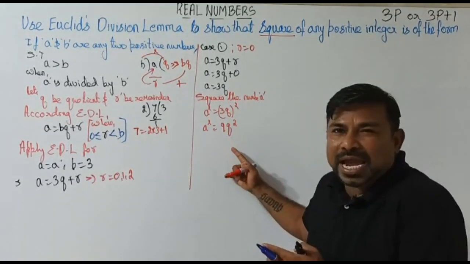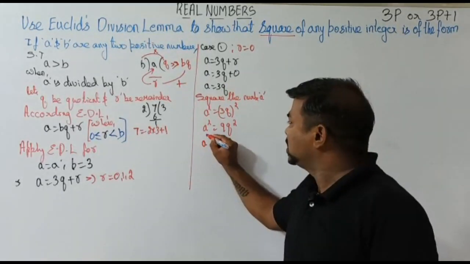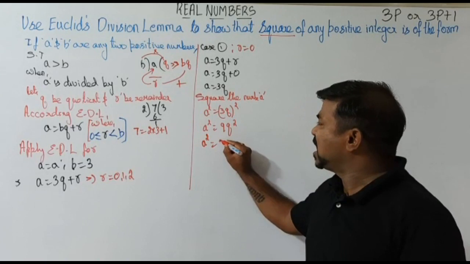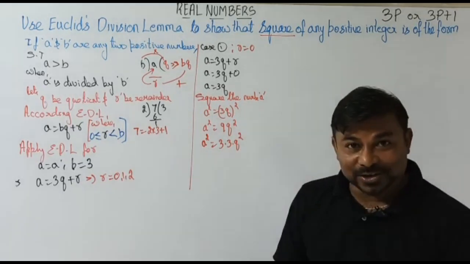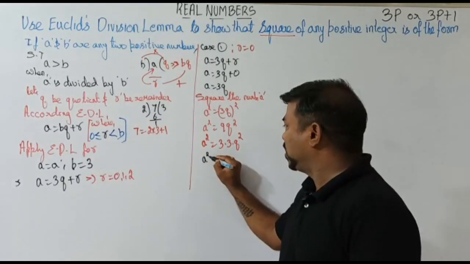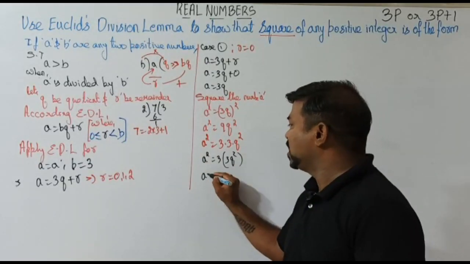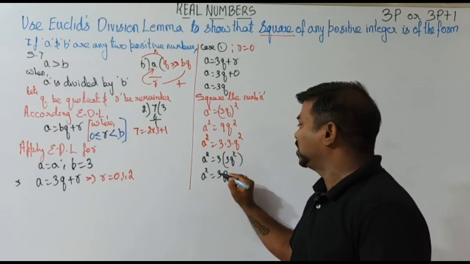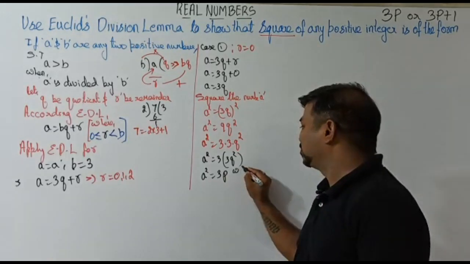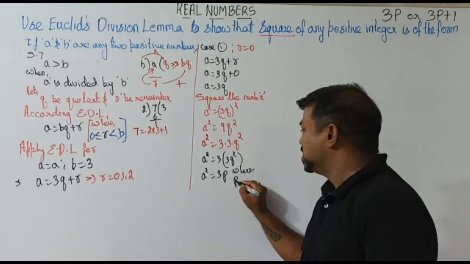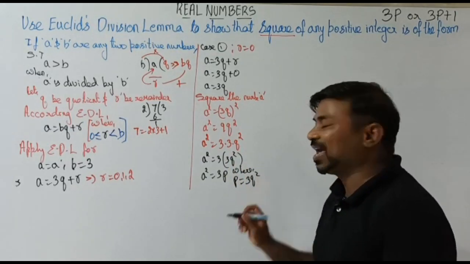Can we write this 9q square as 3 into p? Let's see that one. So a square, can I write 9 as 3 into 3q square? Yes, very good. Now a square is equal to, I would like to write it as 3p, where that p is nothing but the number in the bracket, that is 3q square.